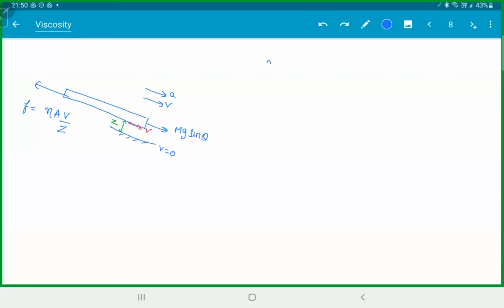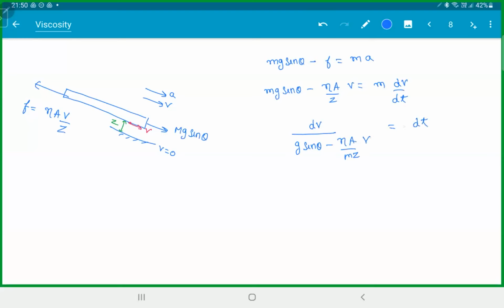Getting it? So if you write the forces here, you get mg sine theta minus F is equal to ma. This will be mg sine theta minus eta A by z v is equal to mass into acceleration dv by dt. So you can write this as dv by (g sine theta minus eta A by mz v) is equal to dt. Integrate on both sides, 0 to t, 0 to v.